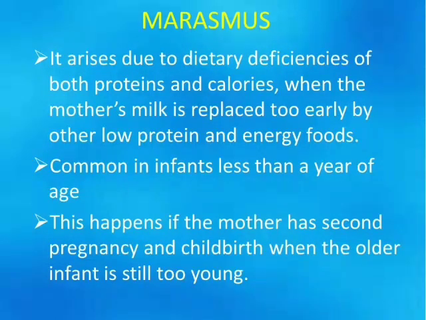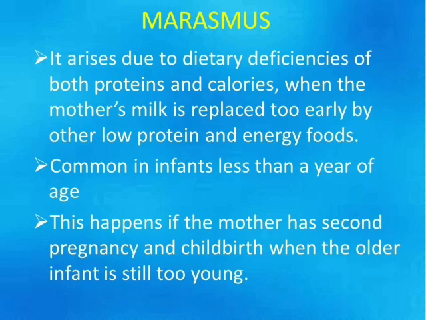So first PEM is marasmus. It arises due to dietary deficiencies of both proteins and carbohydrates when the mother's milk is replaced too early by other low protein and energy foods. Common in infants less than a year of age, and this happens if the mother has a second pregnancy and childbirth when the older infant is still too young.